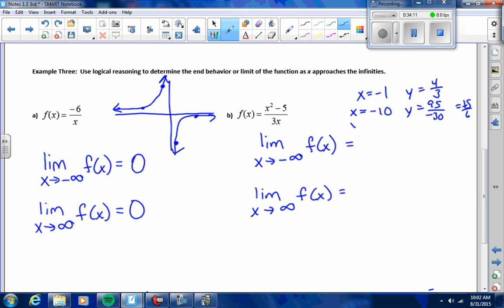Now let's go x equals -100. -100 squared. What number is that? 10,000. 10,000 minus 5 is then going to be 9,995, divided by 3 times -100.